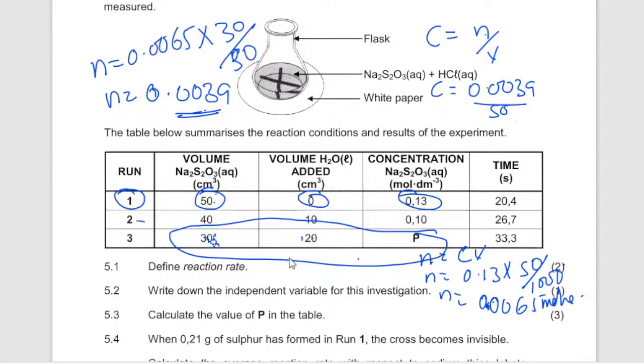But because I'm looking for concentration, this is 50 cubic centimeters, so I have to convert it into decimeter cubed, and then once you get here, it will be approximately, let's take 3 decimal places, 0.078 molar. So this will be this.